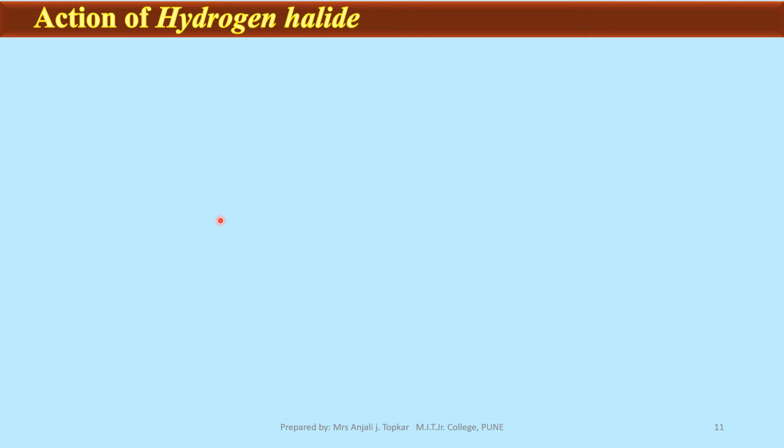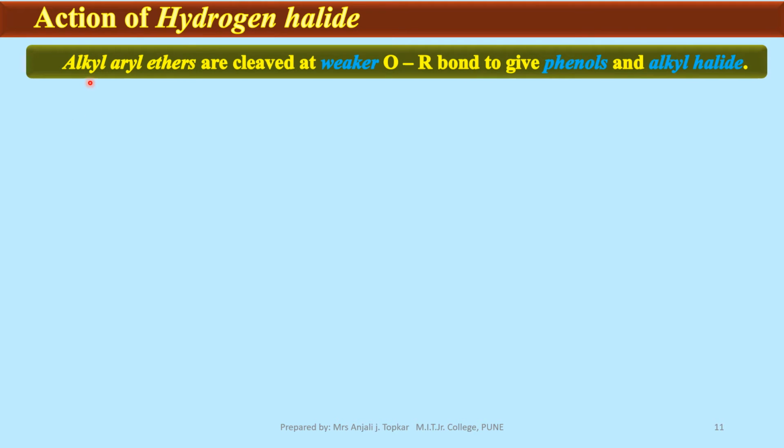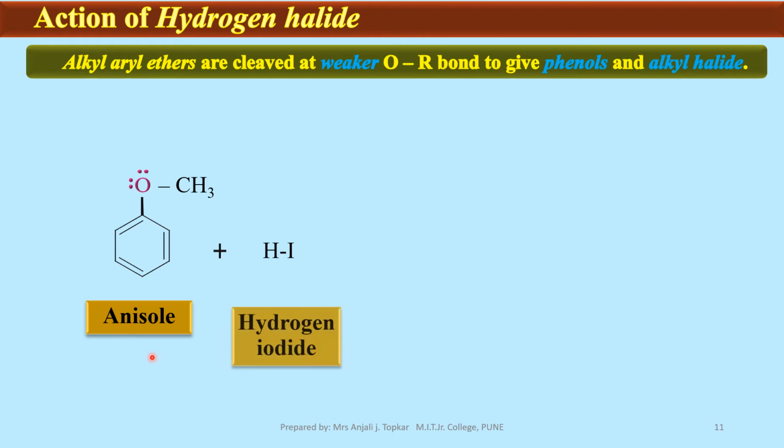Alkyl aryl ethers are cleaved at weaker RO bond to give phenols and alkyl halides. Here this is anisole. To the divalent oxygen atom, the phenyl group is attached and methyl group is attached.